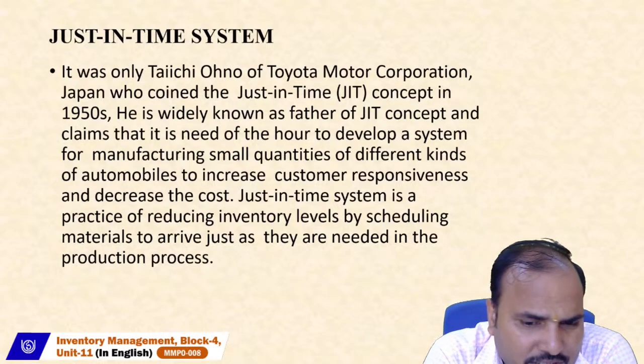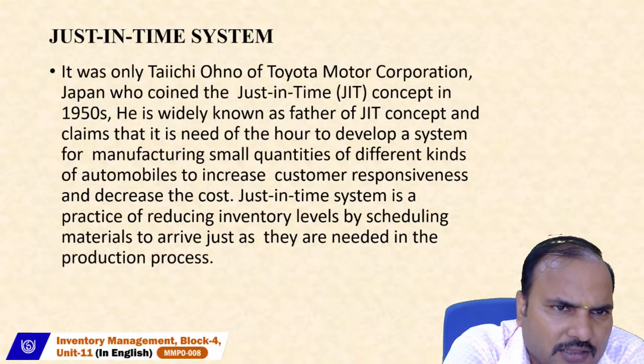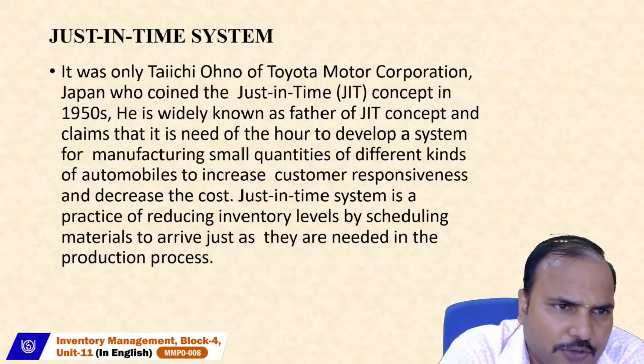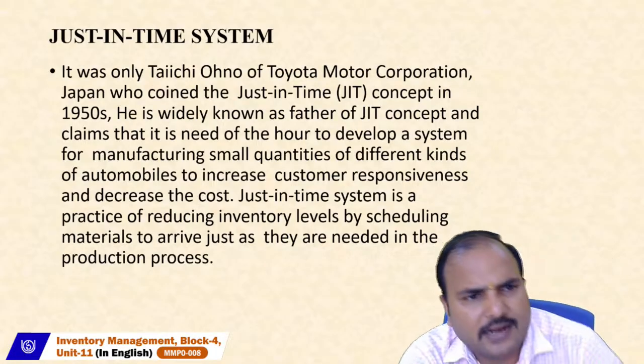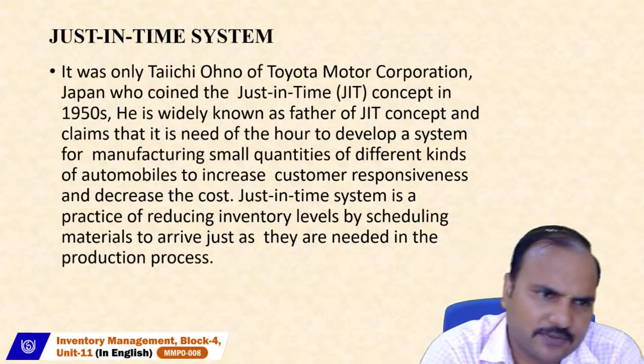Then we have discussed the just-in-time system. It was developed at Toyota Motor Corporation, introduced in the 1950s, and he is widely known as the father of the JIT concept.